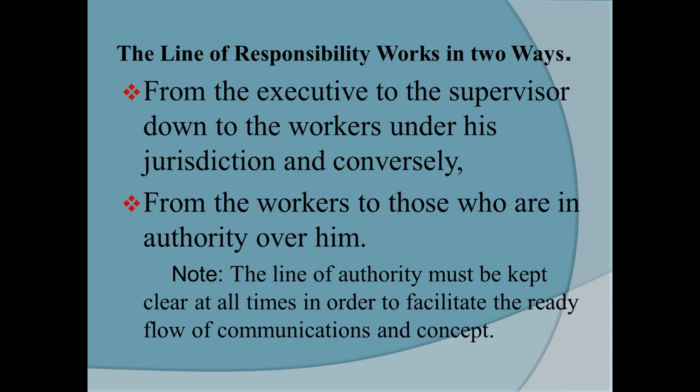Note here that the line of authority must be kept clear at all times in order to facilitate the ready flow of communications and concept. Take note, when you are a supervisor, it does not mean that you handle all the workers down. You have the line of authority. Okay?